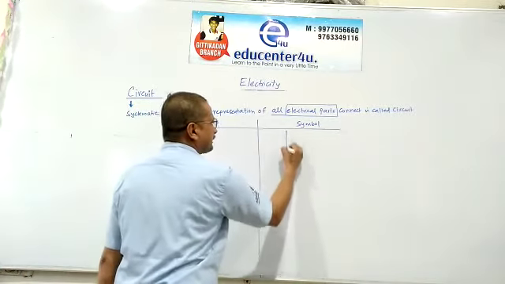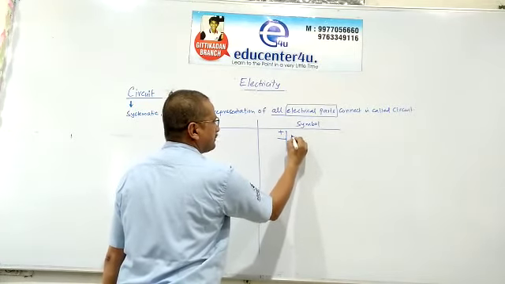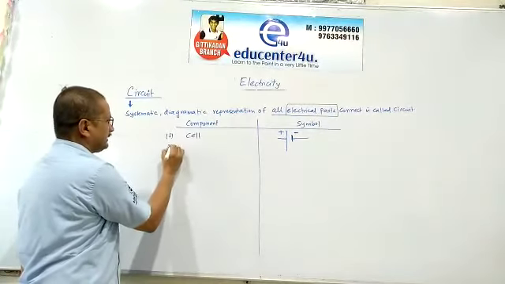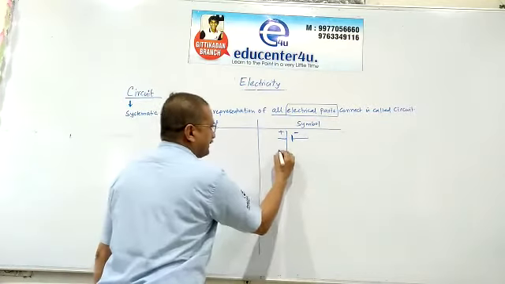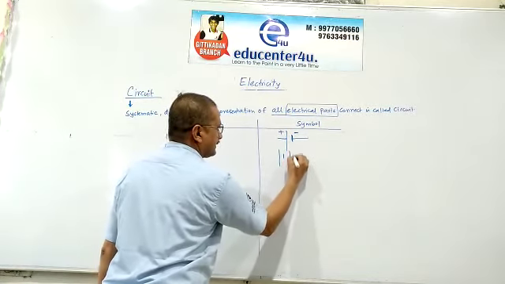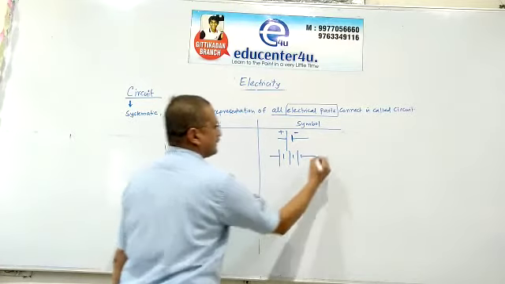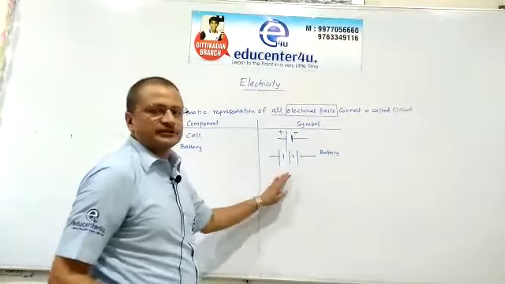One cell is represented by this only, one will be bigger and the another will be the smaller one. So cell is this and battery. So this is the representation of the battery.